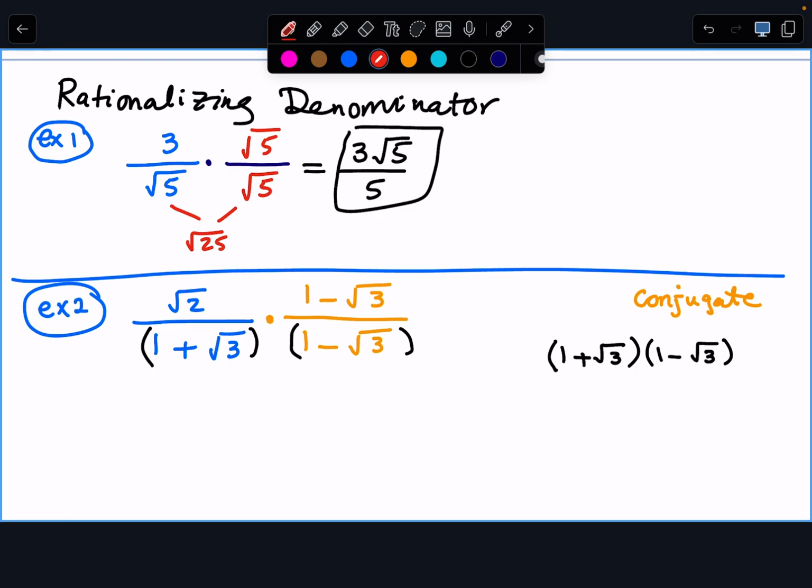How do I do the process? What do we call that? FOIL. First times first, that's the F. O for the outer. I for the inner. And then L for the last. FOIL it.